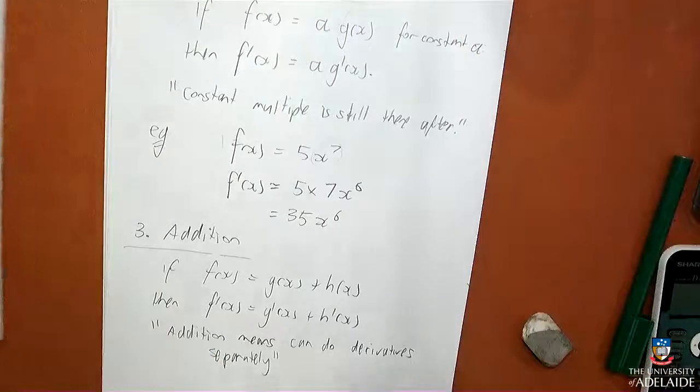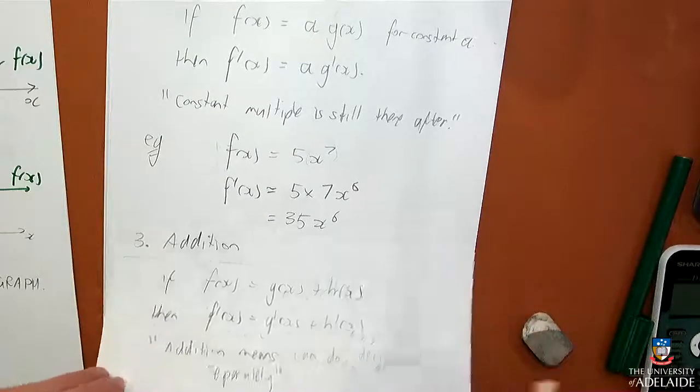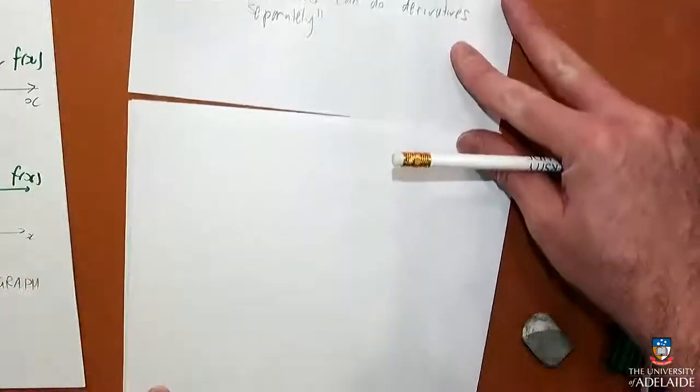Using all these rules together, if you have anything that is a combination of various powers of x, then you can do the derivative. So you ready? I'm going to do some proper examples now of stuff that we can actually do.